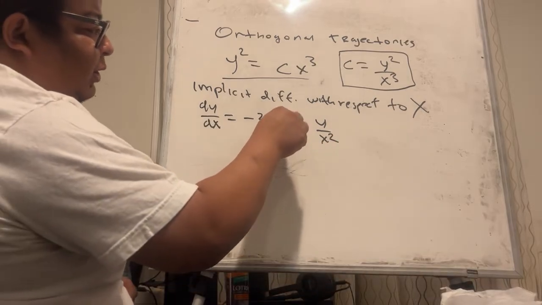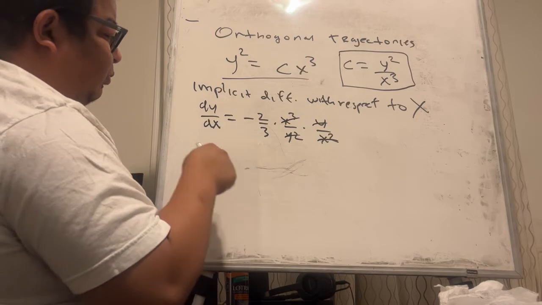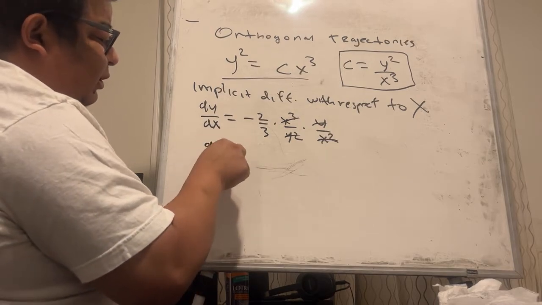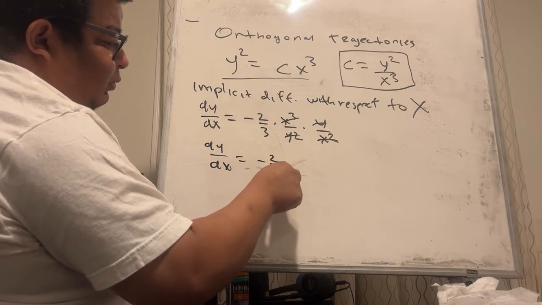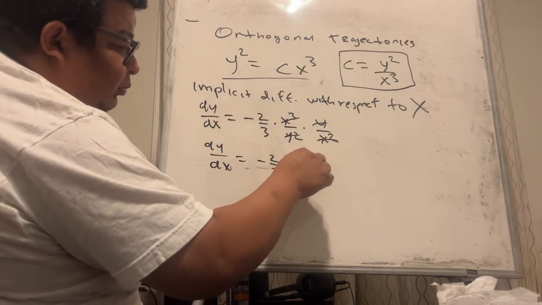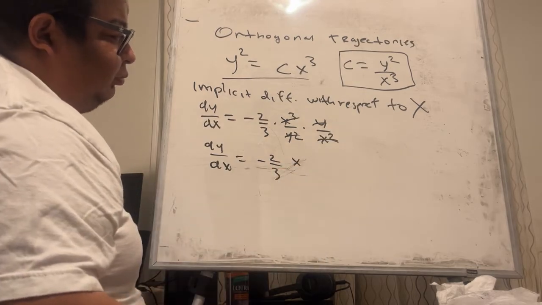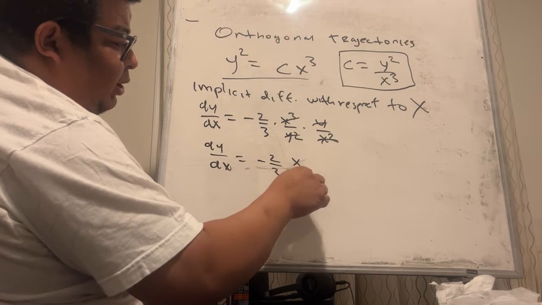Now from here we cancel this one and this one, this one and this one, and we get dy dx equal to negative 2/3 x over y.